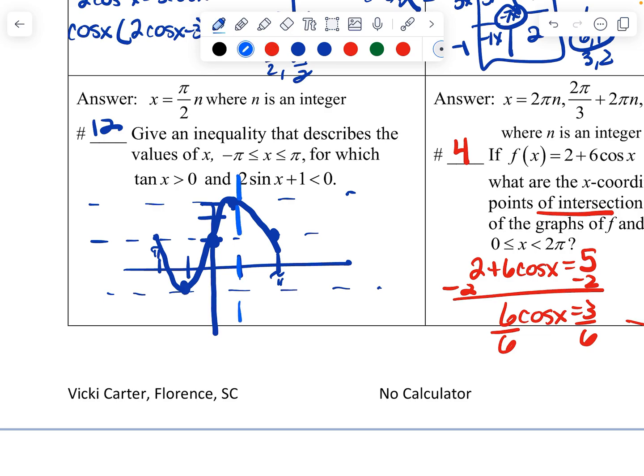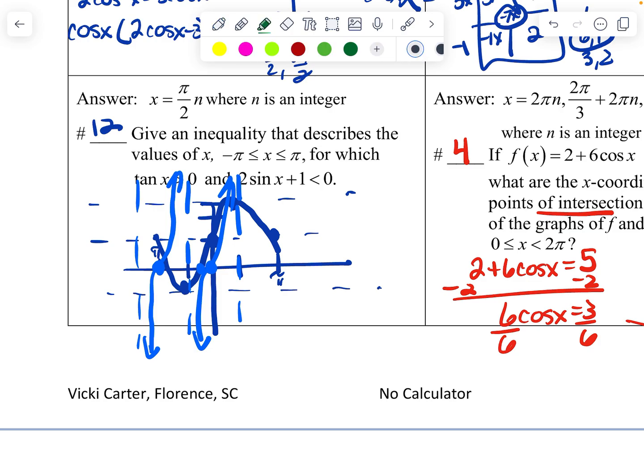Well, that was here. So tangent would be in the middle and goes up. In the middle, here's our middle, sorry, and goes up. So we want to know when they're both greater than 0. So here, and that little spot right there.